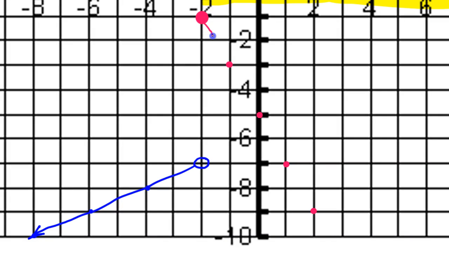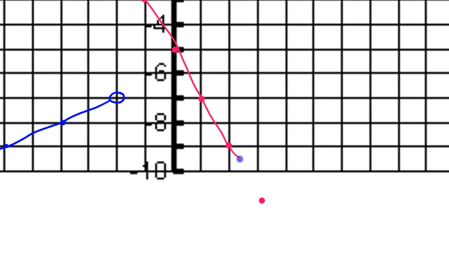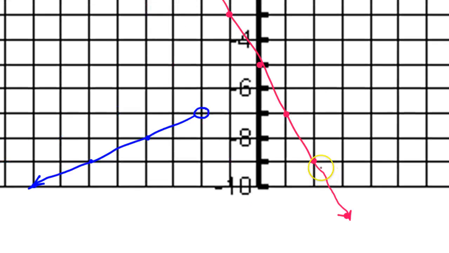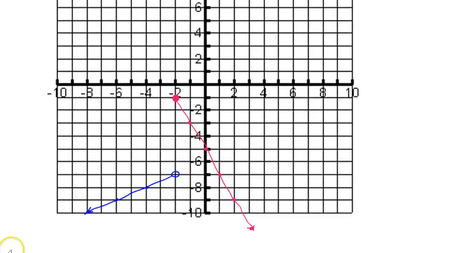Okay, so it's going to look like this. Okay, it got a little crooked there, but you get the idea. So this is what this graph should look like. So now we've graphed a piecewise function.